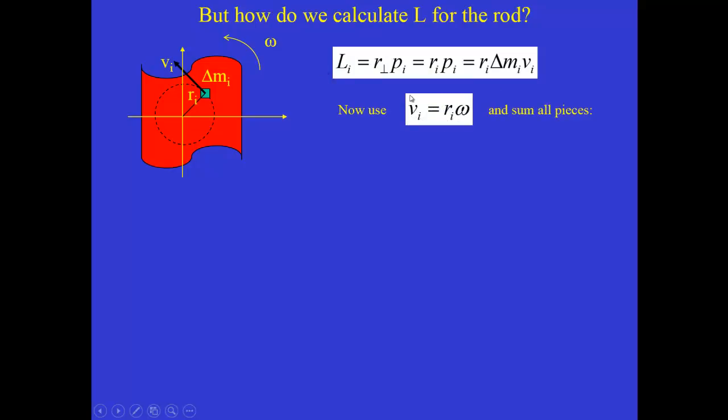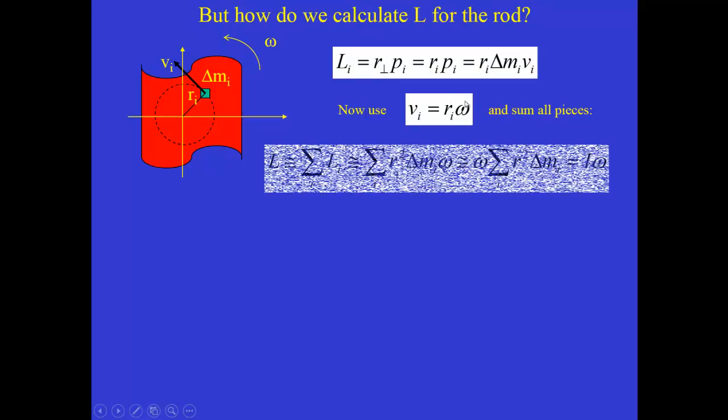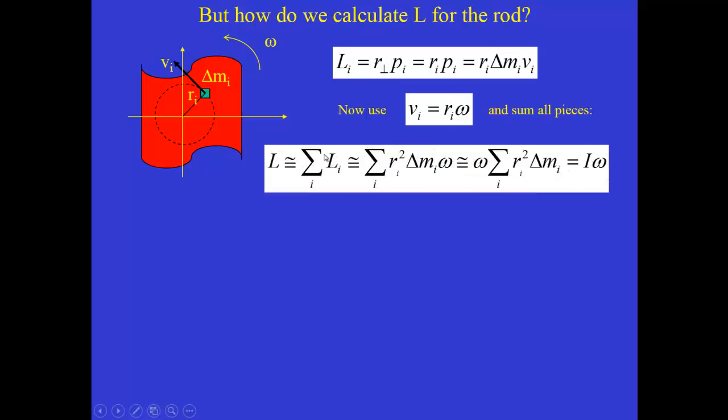Now, let's substitute v is equal to r omega, and then sum up the contribution to the angular momentum from all of the pieces of the object. So L sub i is now r sub i squared times delta m times omega, right? And we add up the contribution of all those pieces. We can simplify this because omega is the same for every point on the object. If it's a rigid object, omega comes outside the summation, and lo and behold, look at this summation.